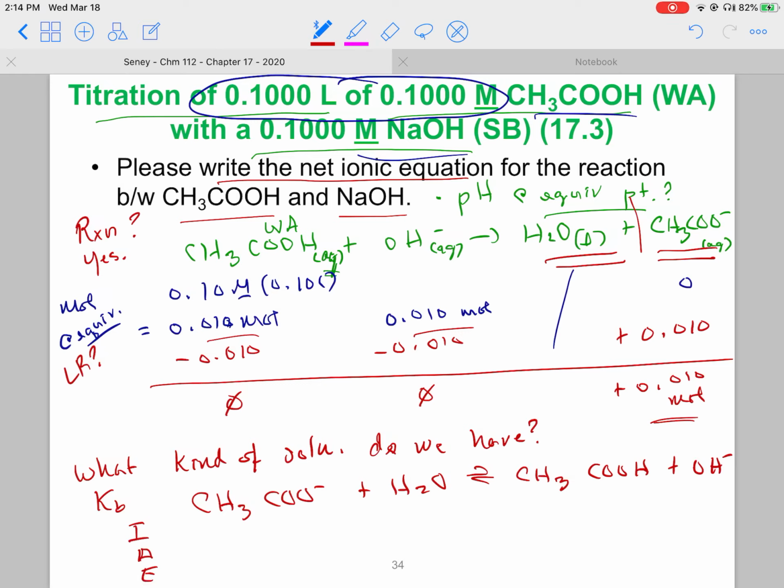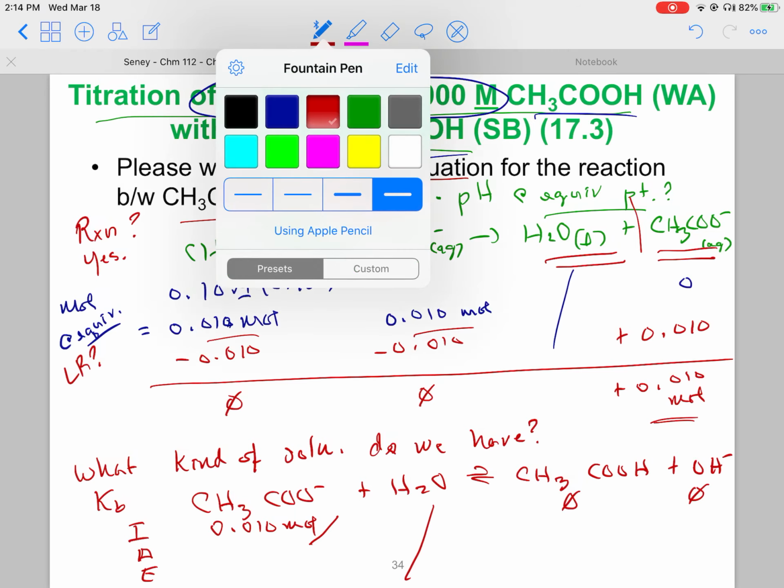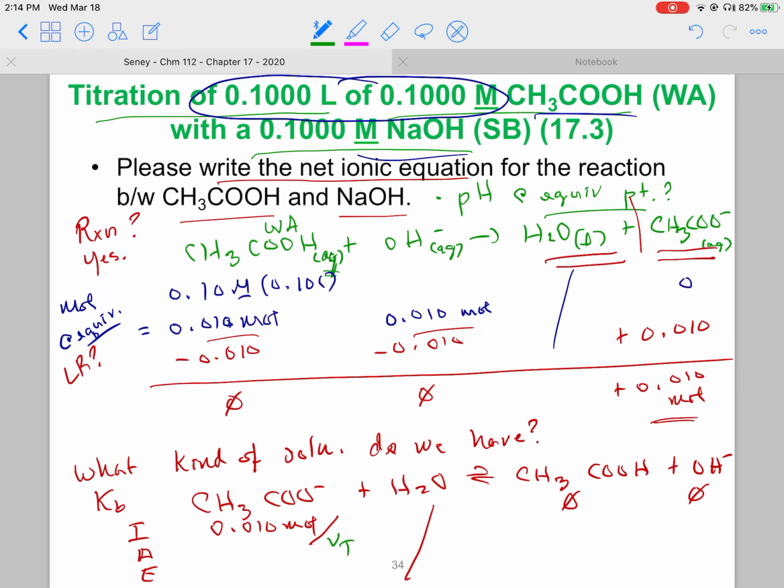And so when we have this ice chart, I can start with my acetate. I have 0.010 moles. I don't have to deal with water, and I have no acetic acid or hydroxide. And so the next thing, though, remember, if you're in an ice chart, we have to have concentration. So we need to divide by total volume here.